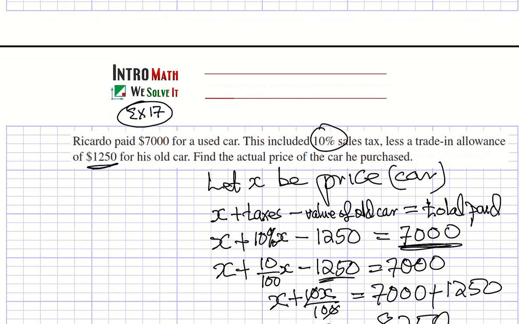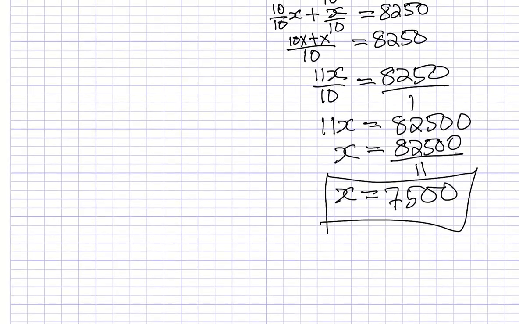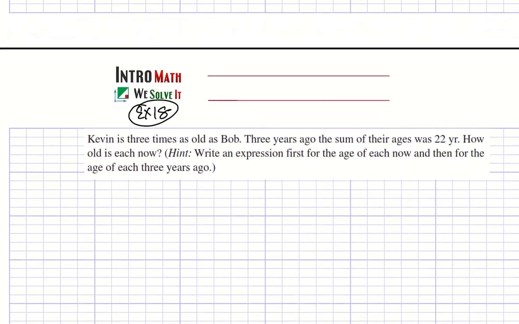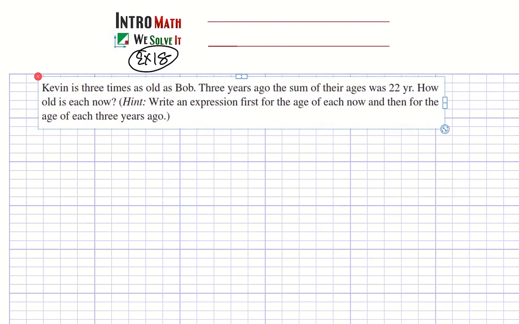So that's an extra 500 after they deduct that thing, 1,250, and they added taxes. So the actual price of the car is there. Anyway, that's how you do it. It's a bunch of writing, so you just keep writing until you get the whole thing done.